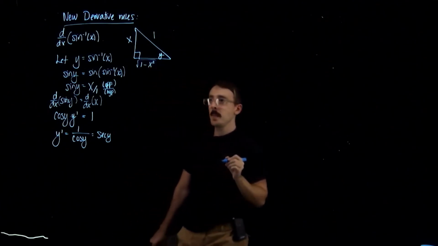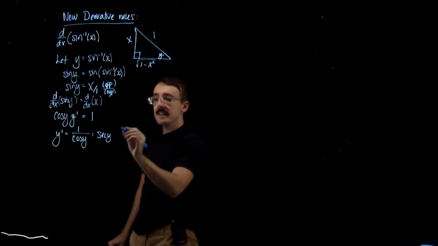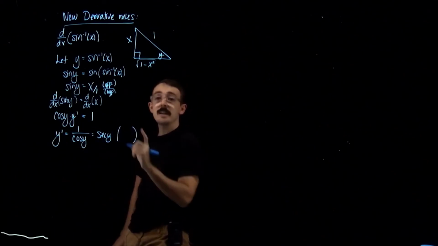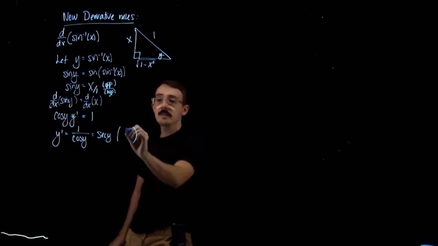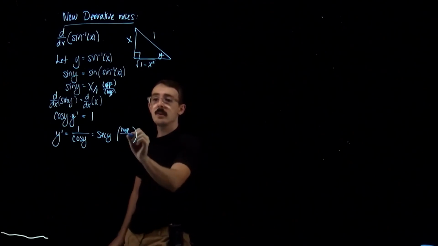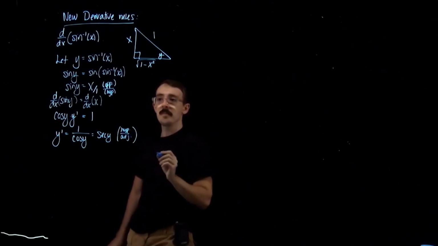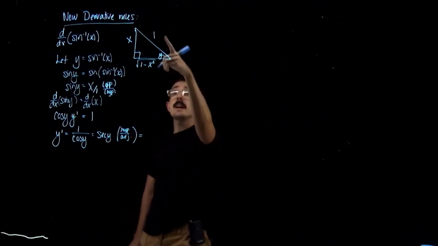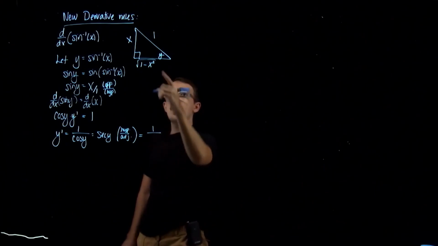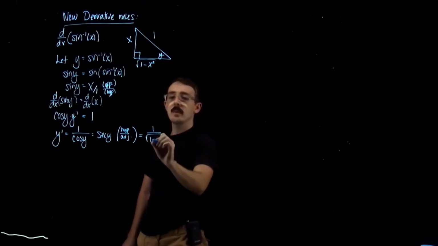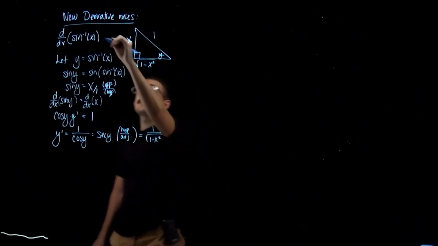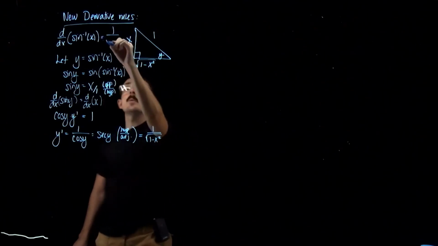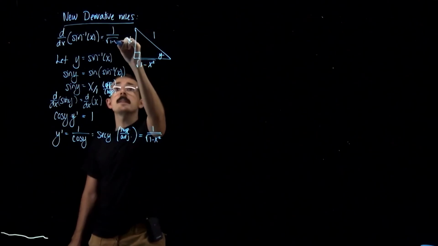Secant is 1 over cosine, and because cosine is adjacent over hypotenuse, this is hypotenuse over adjacent. So secant of this angle is 1 over adjacent, which is the square root of 1 minus x squared. So I can fill that in: my derivative, y prime, is equal to 1 over the square root of 1 minus x squared.